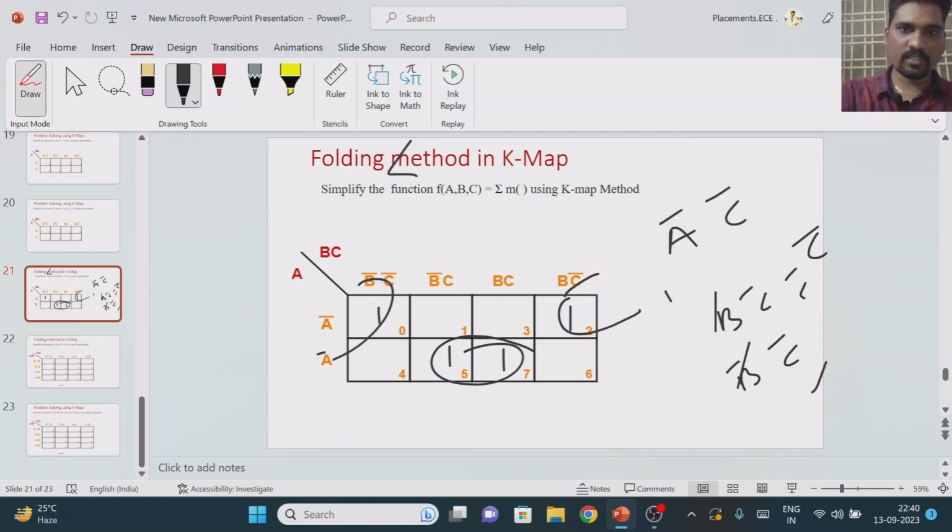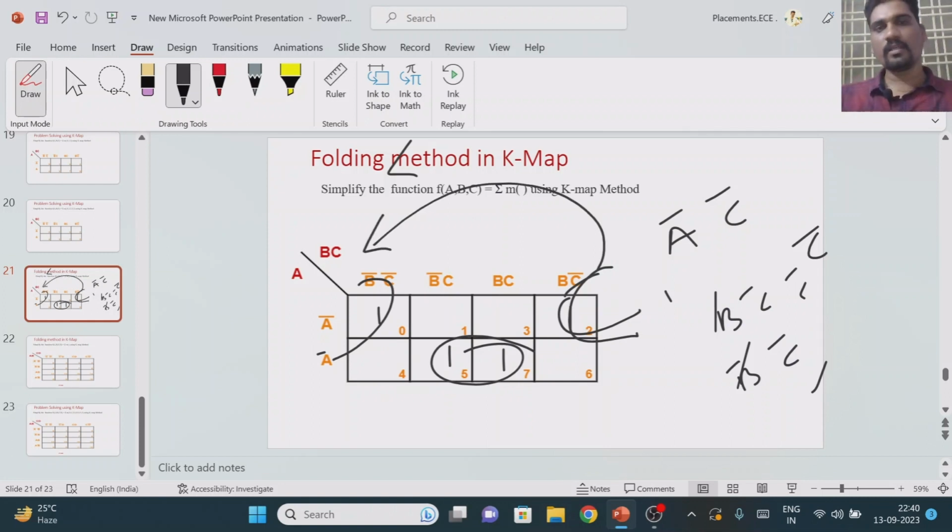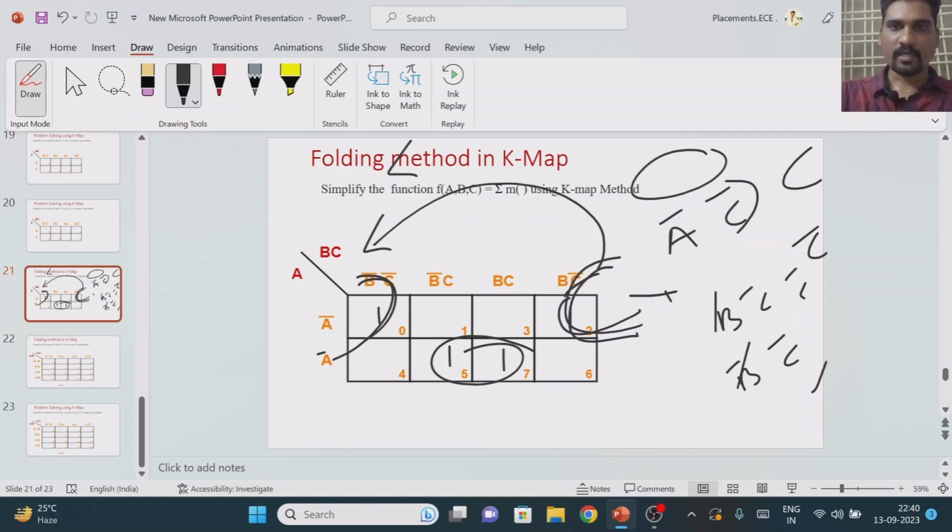The meaning is that this half is going to be folded onto the first half. This represents the folding operation. This is the normal operation, normal grouping. This represents the folding operation from the right direction to the left direction. If you want to fold from top to bottom, like this we can do it, right? So this is the folding operation.